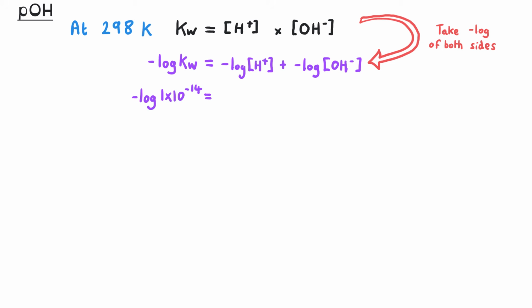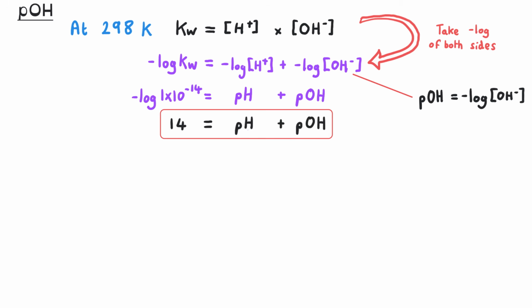Now we know that the negative log of Kw is going to give us a value of 14 because Kw is 1 times 10 to the minus 14 at 298 Kelvin. The negative log of the hydrogen ion concentration is pH. The negative log of the hydroxide ion concentration is something called pOH. And so this gives us a really useful term of 14 is equal to pH plus pOH.